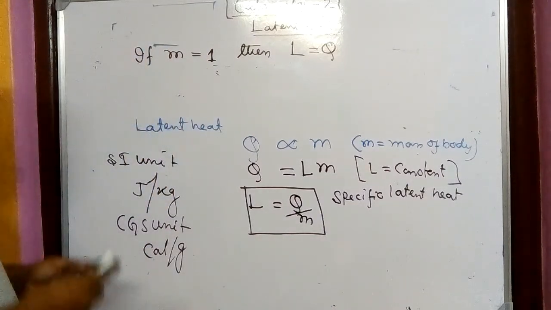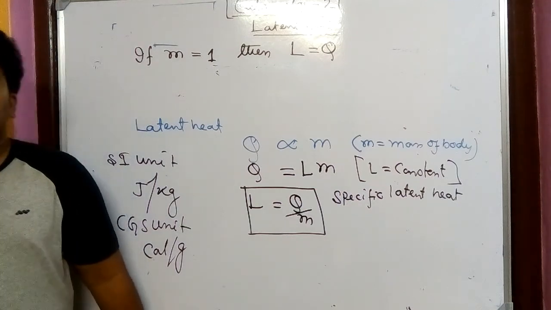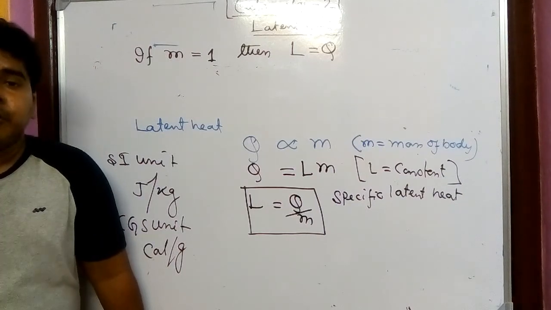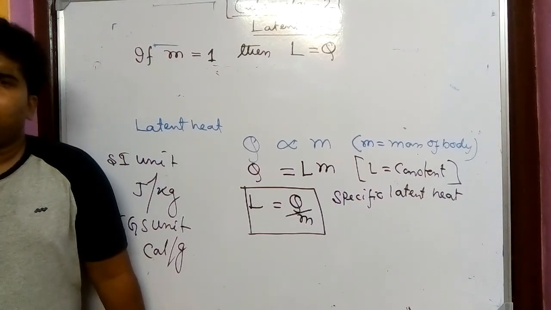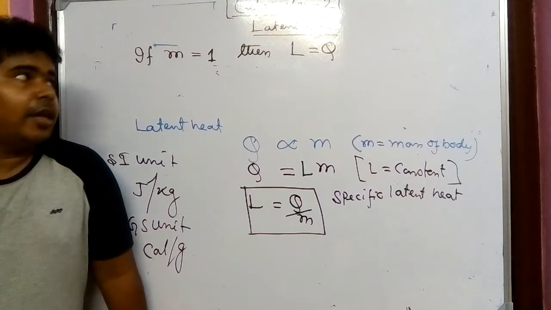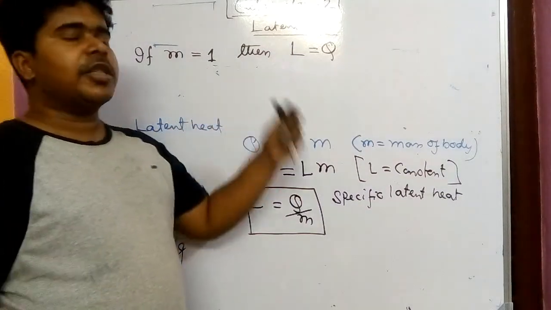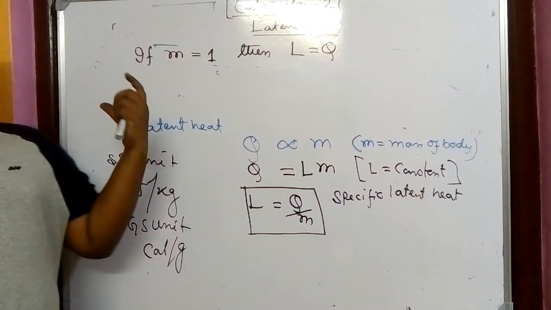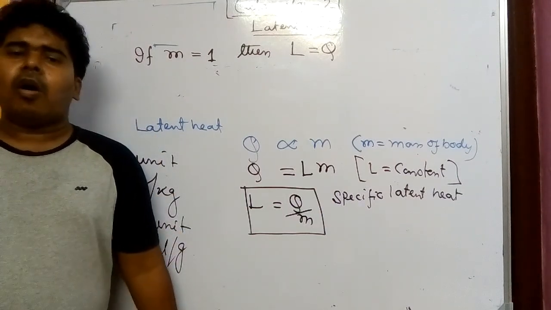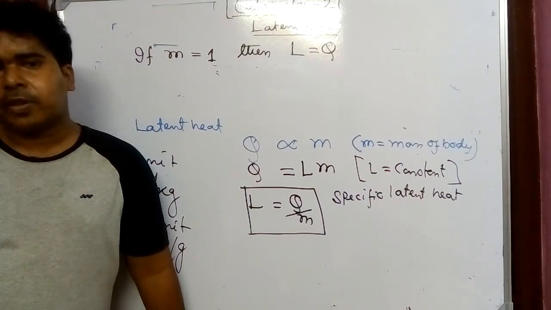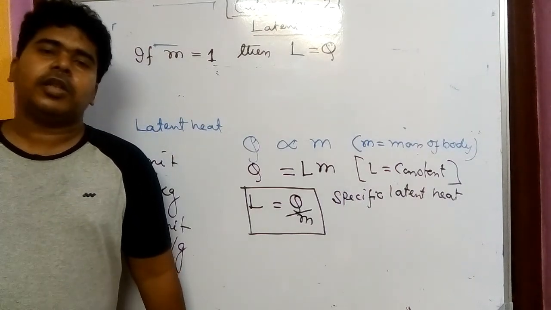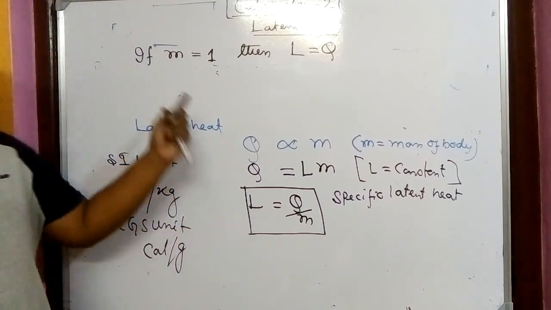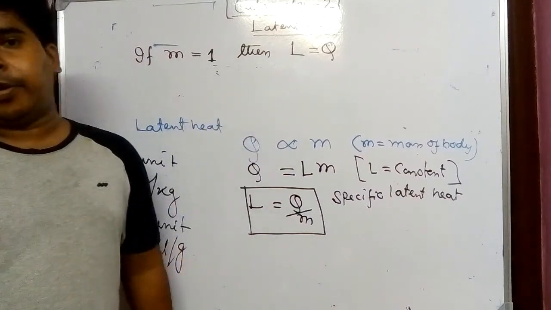We can say that latent heat is the amount of heat energy needed to change the state of a unit mass of substance at constant temperature, and it equals its specific latent heat. Again, to change the state of a unit mass of substance, the heat energy absorbed or liberated by a body is its specific latent heat.